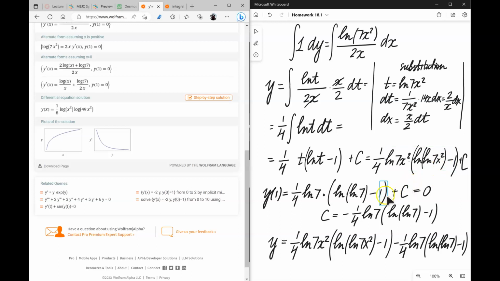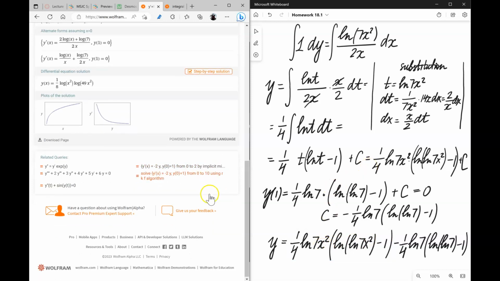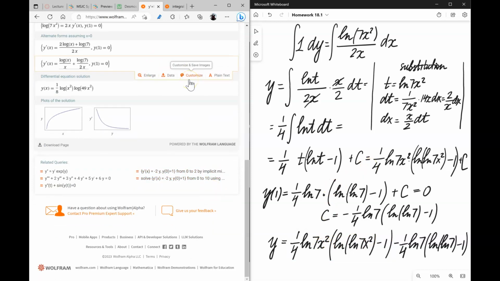We plug in 1. Oh my god, I don't see it for some reason. 1/4.